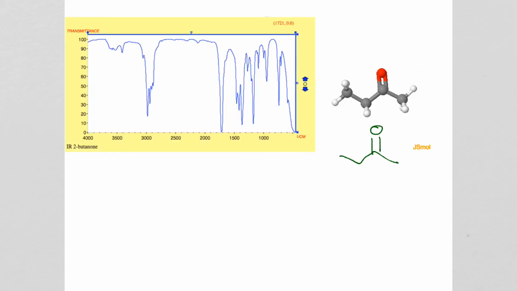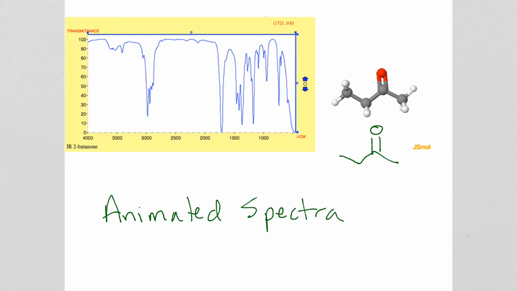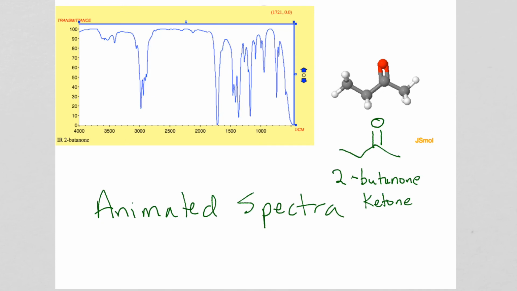This is from a website called Animated Spectra that's hosted at Ohio State University, and this compound that you're seeing the infrared spectrum of is 2-butanone, which has a ketone functional group. So it's got two kinds of bonds. It's got carbon-hydrogen bonds, and it's got a carbon-oxygen double bond or carbonyl group.